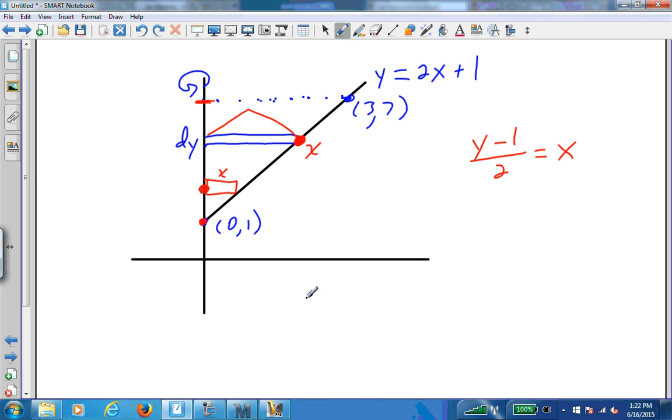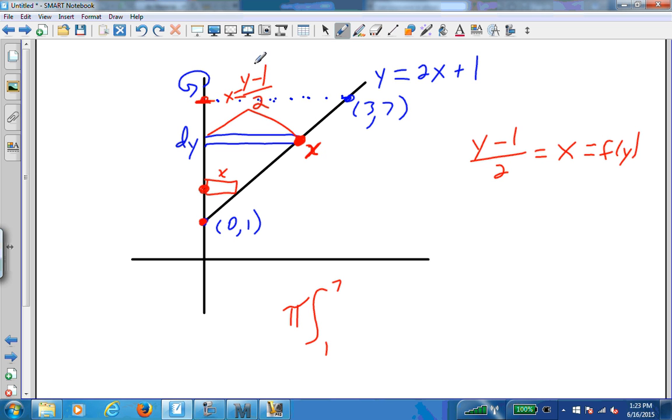So we're going to integrate from this y value up to this y value. Pi r squared, pi is a constant, so it can stay out front. R, this distance, is given by our x value, which is y minus 1 over 2. You could think of this as f of y.